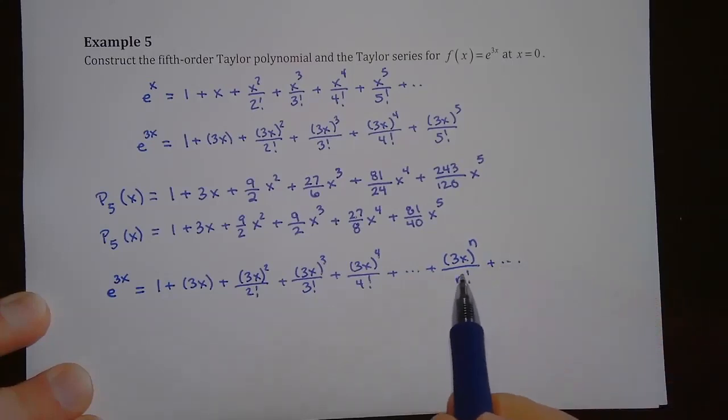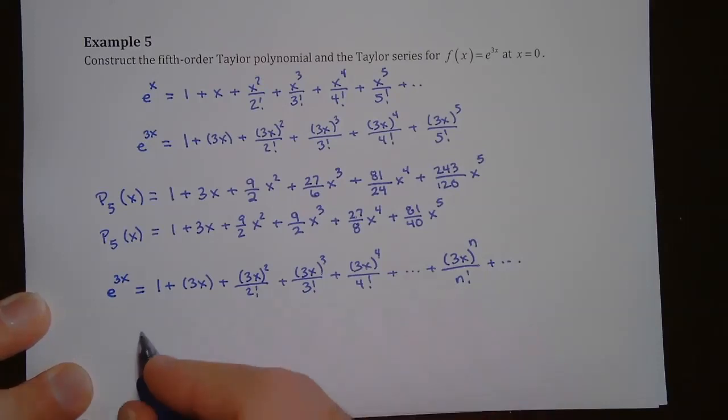Okay, so this could be cleaned up a little bit, right? So this could be 3 to the n, x to the n over n factorial. So that's how we're going to write this.